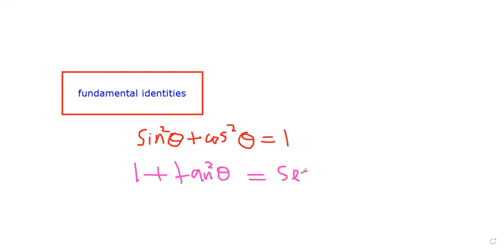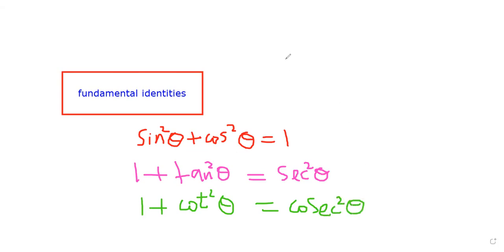We will see how to prove these. And the third one is 1 plus cot square theta equal to cosecant square theta. So these are some of the important fundamental identities, and we will prove them.